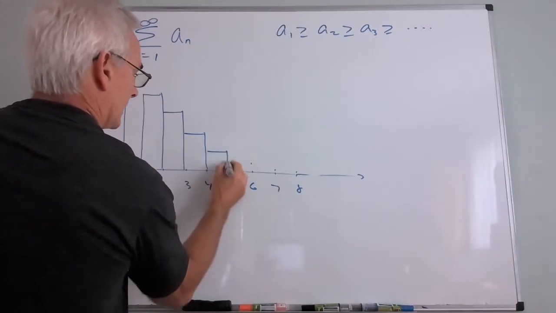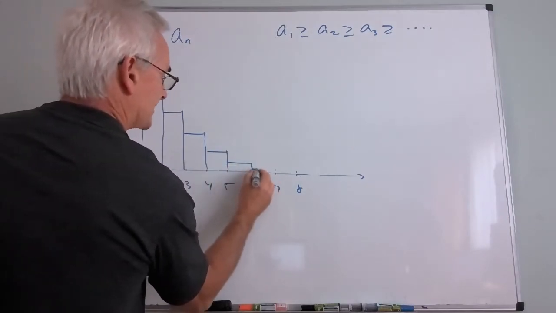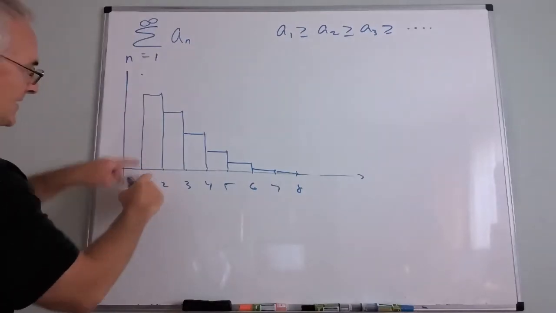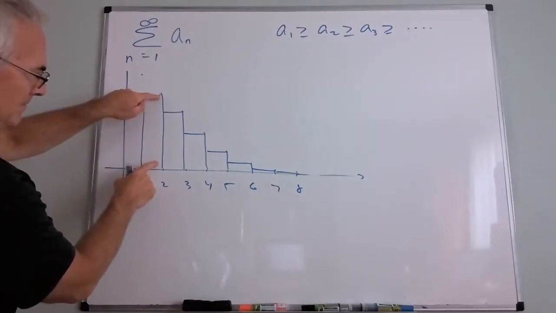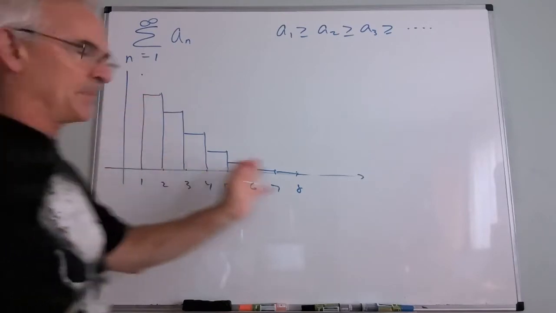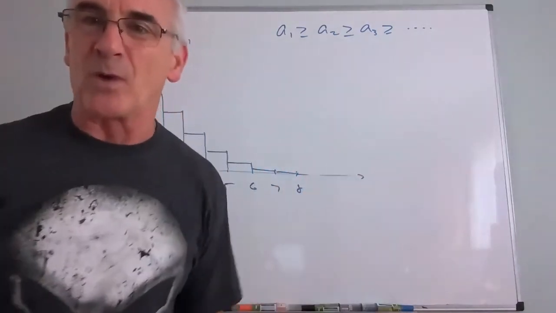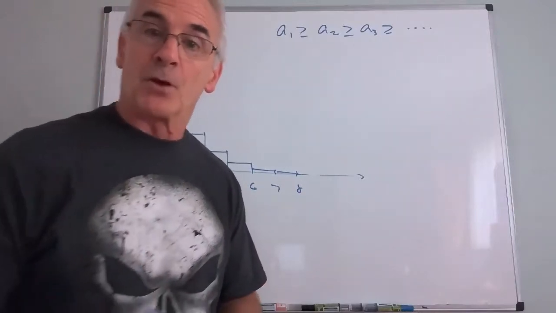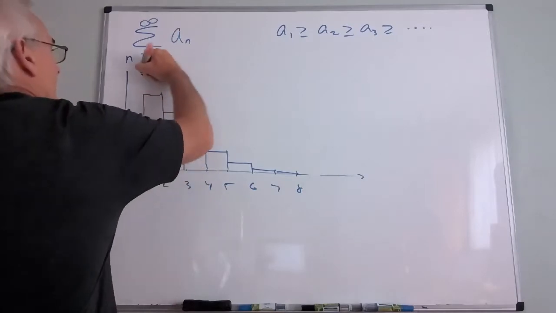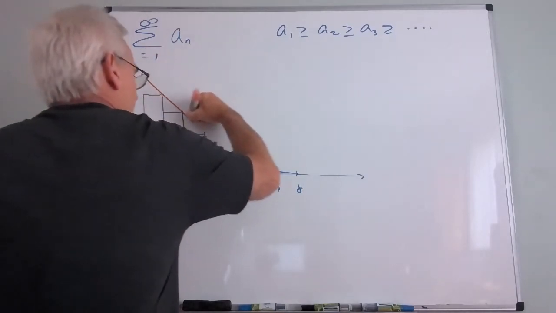Now, tell me, if I said the area of the rectangle would be this height, wouldn't it? Because it's 1 unit wide and it's this unit tall. So if I added up the area of the rectangles, that's one way of thinking about the sum. So the next thing I want to do is, I want you to think of a curve that's going to pass through these corners.